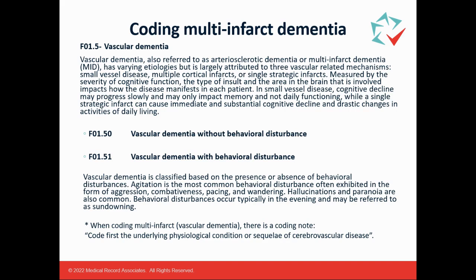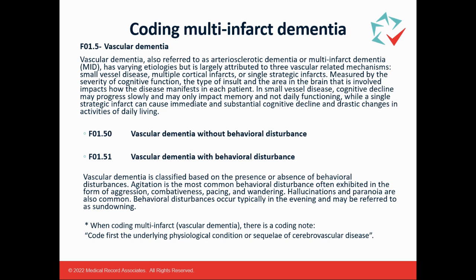So how do you code multi-infarct or vascular dementia? You use codes F01.50, vascular dementia without behavioral disturbance, and F01.51, or vascular dementia with behavioral disturbance. And once again, it states here that agitation is the most common behavioral disturbance, often exhibited in forms of aggression, combativeness, pacing, and wandering.